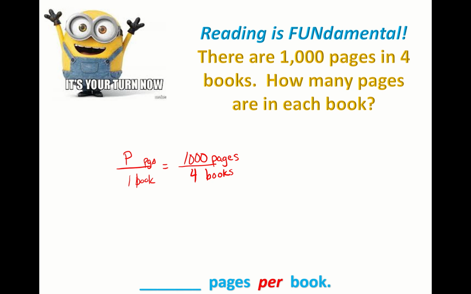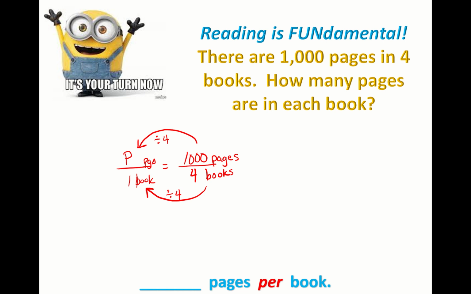So now I'm going to point my first arrow to what I do not yet know, my second arrow in the same direction. I am going from 4 books down to 1 book by dividing by 4. So that means up here I'm also going to divide by 4.